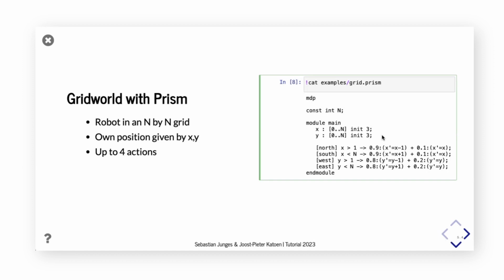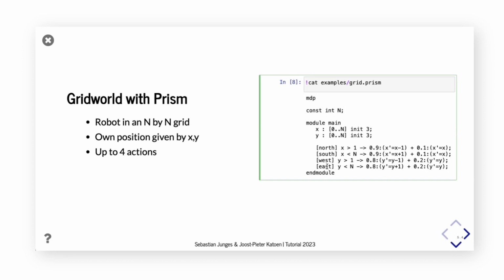So we're creating an n times n grid, and we're saying your robot starts in cell 3, 3. This model doesn't make sense if n is actually less than 3. So there's a couple of additional checks that you actually would want to do, but I wanted to keep this as small as possible here. And then we are providing these 4 different actions.